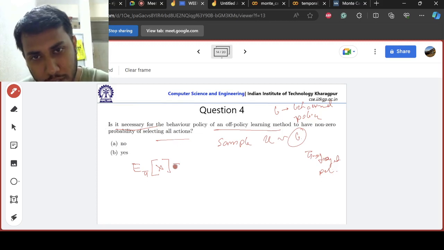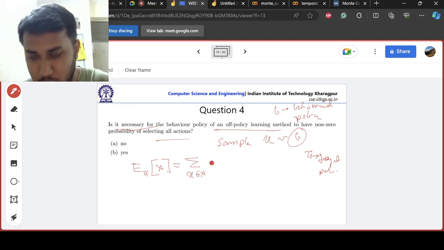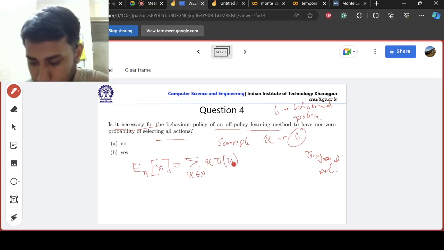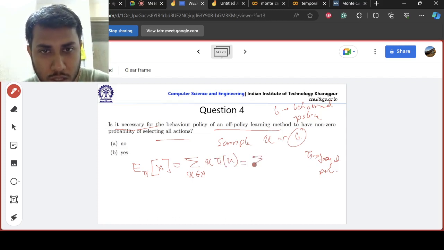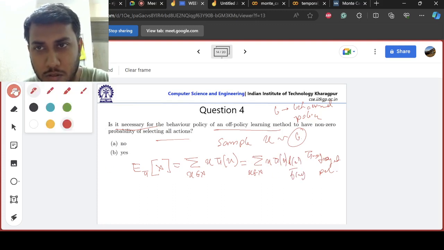Fine, so let's derive it. This will be a very good task. The sum over x belonging to X of x times pi of x. Now we can also write it like this: the sum over x belonging to X of x times pi of x times b of x by b of x, because these both cancel out.